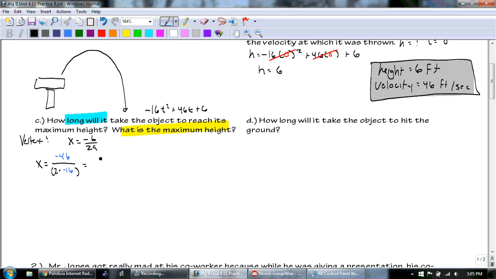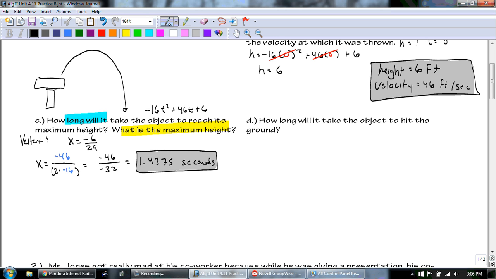Okay, so we get negative 46 on the top, we get negative 32 on the bottom. When we divide that out, we get 1.4375 seconds, okay? So this is our seconds. Now, if it asks us to round it, we would say that that is 1.44.